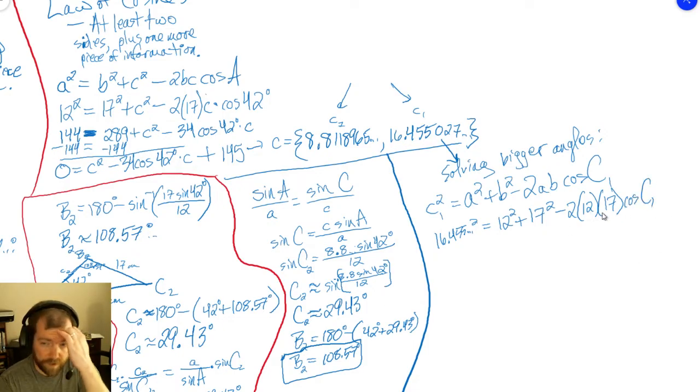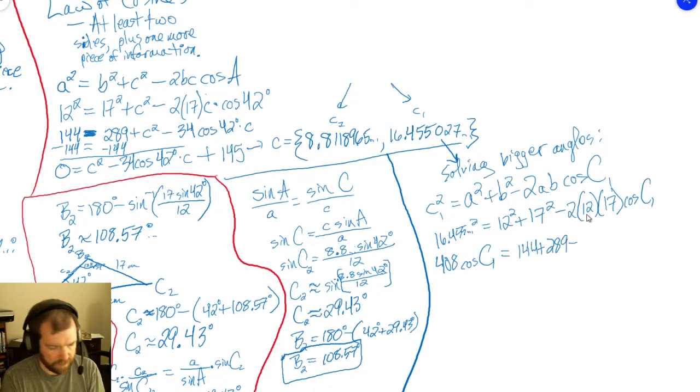We're solving for c1, so move this over, move that over. 2 times 12 times 17 is going to be 408 cosine c1 is equal to 144 plus 289 minus the 16.7, etc. It's going to be 270.7679, more stuff after that.